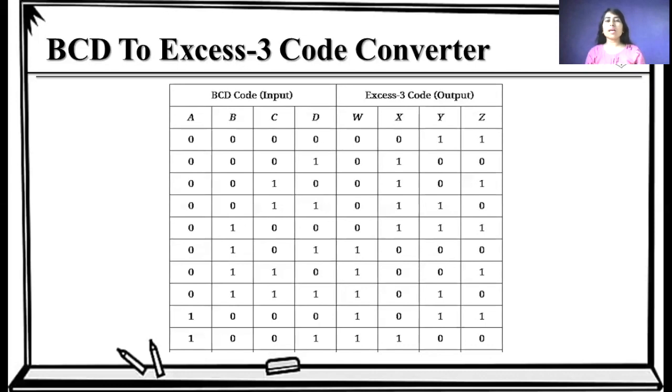So we have to calculate the equations for W, X, Y, Z in terms of A, B, C, D. For this we can make K-maps for W, X, Y, Z, and then we get the logical equations.